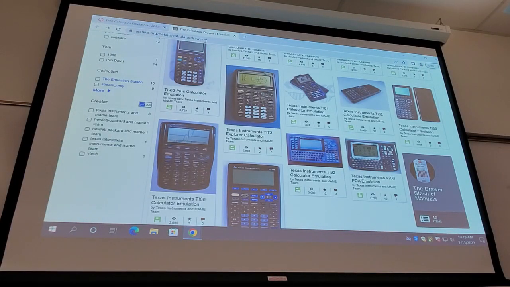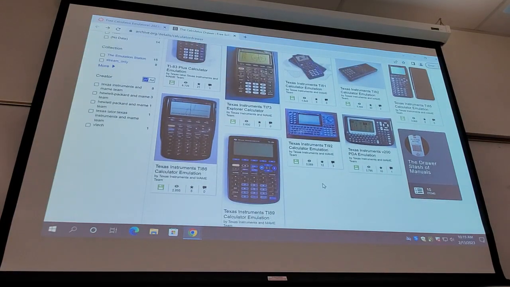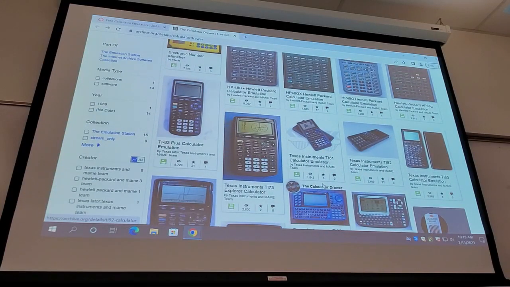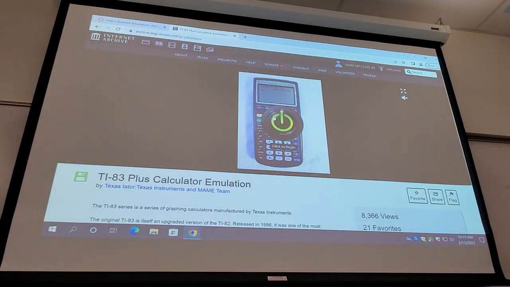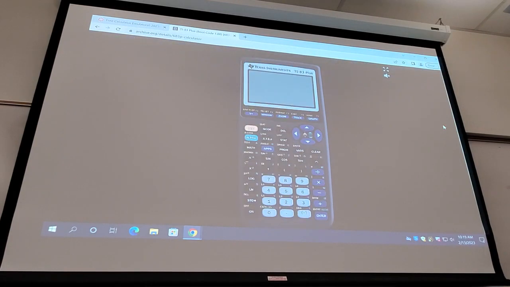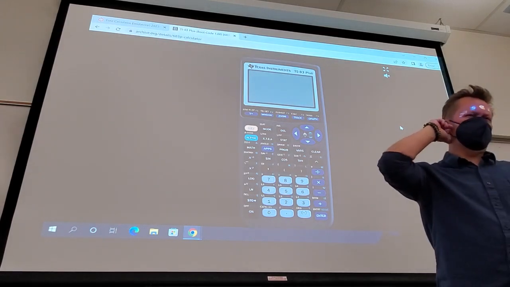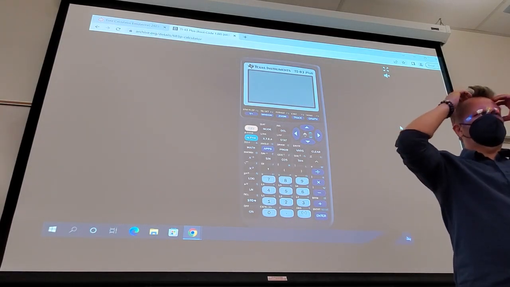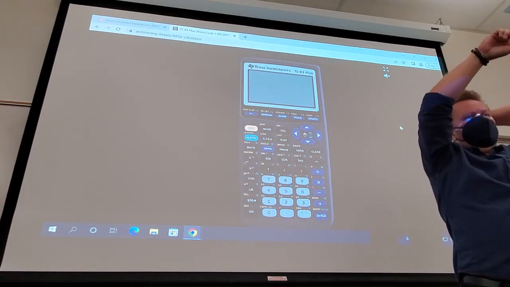If you want to copy that down, it has all these calculators. I don't think it has an 84. It's got an 85, but 83 is basically the same as 84. If you click on one of them, it'll download some files, and then it'll launch, and there's the calculator. So if you don't have one, you can use this at home, and your teacher should have some to borrow in the classroom. You can always check some out from the library here.